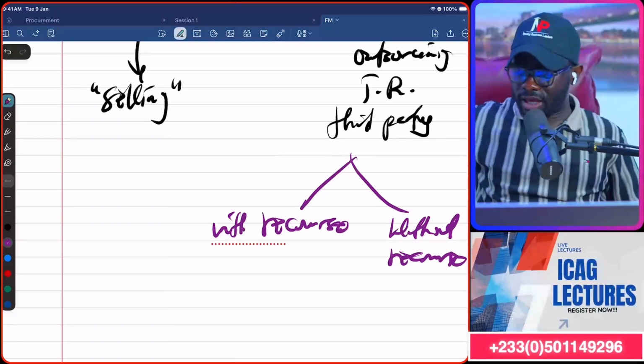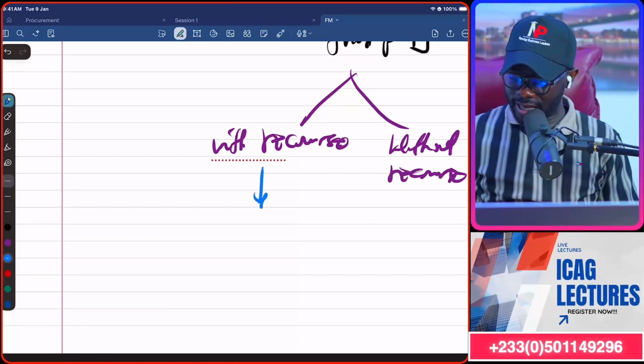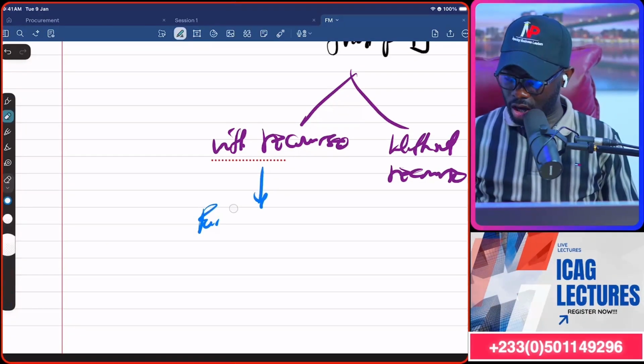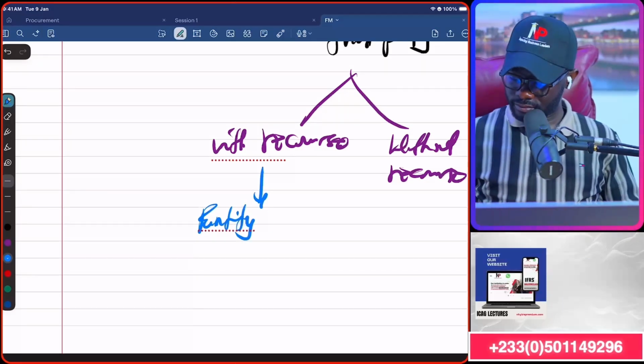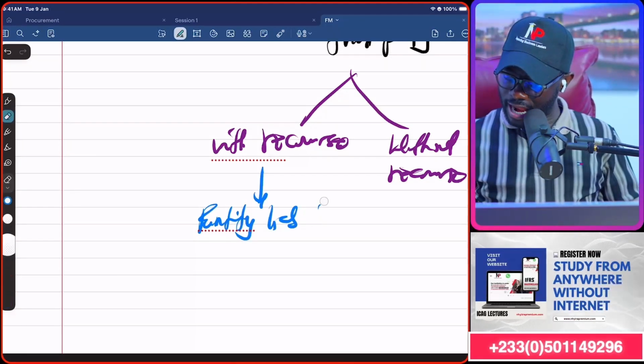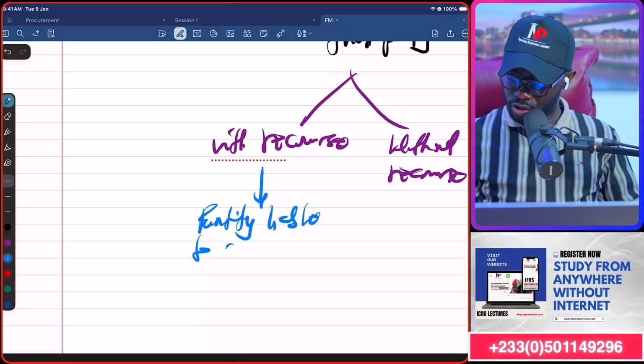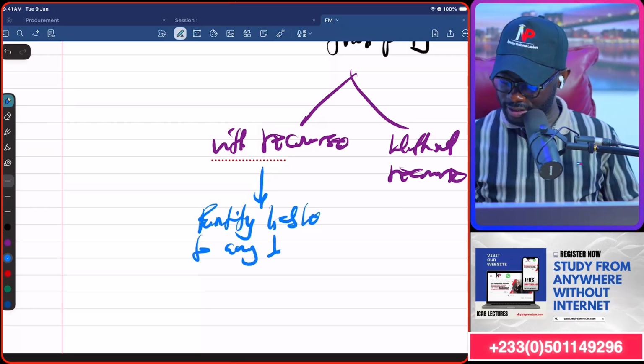With recourse means that the entity is liable for any amount that we are not able to recover. So the entity is still liable to any balance outstanding.